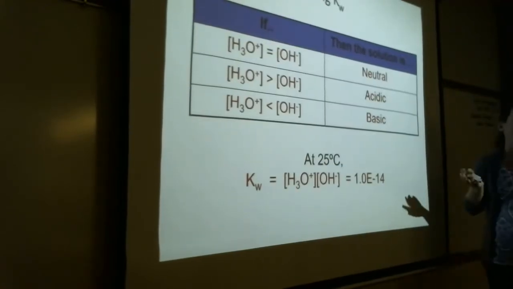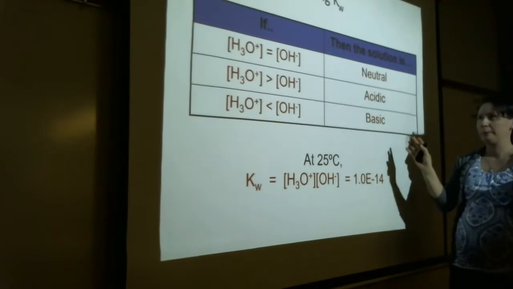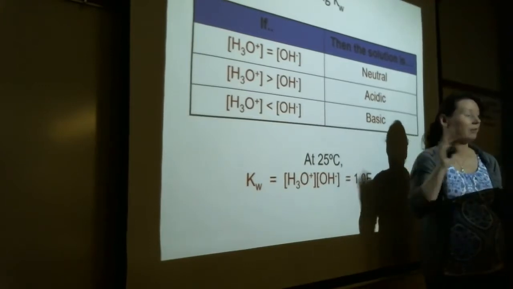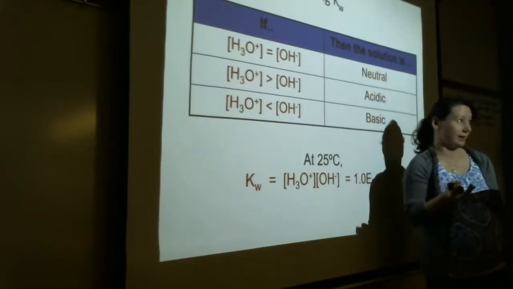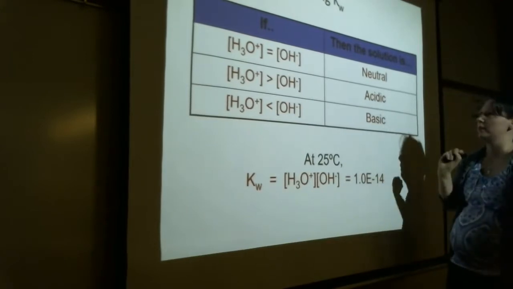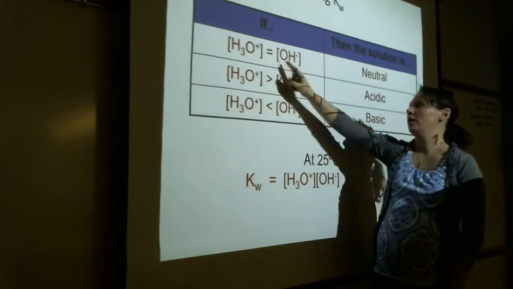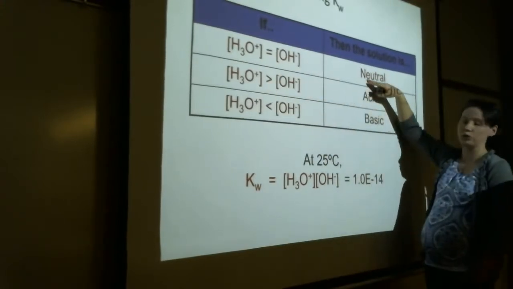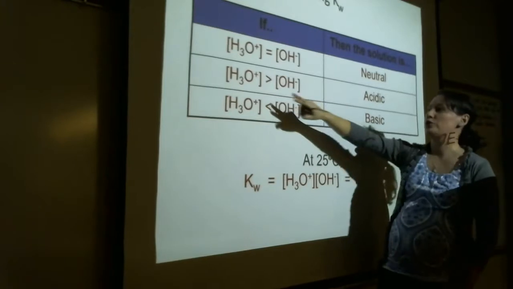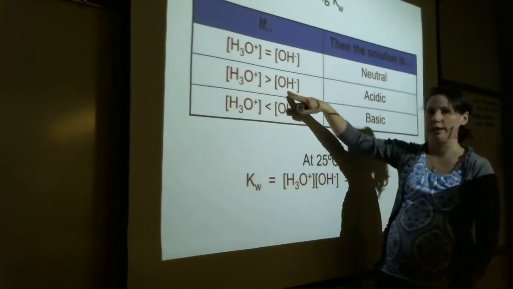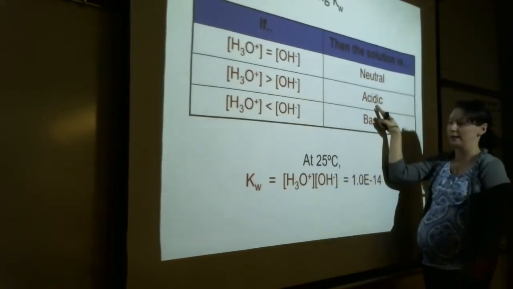So we're going to use KW as a way to define if a solution is acidic or basic, right? If a solution is an acid or a base. So if there's equal amounts, we say that the solution is neutral. If hydronium is greater than hydroxide, we say it's acidic.